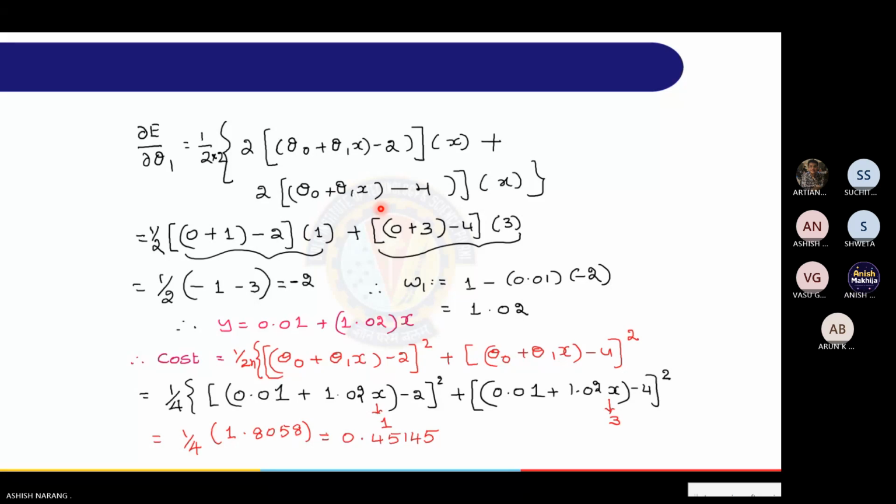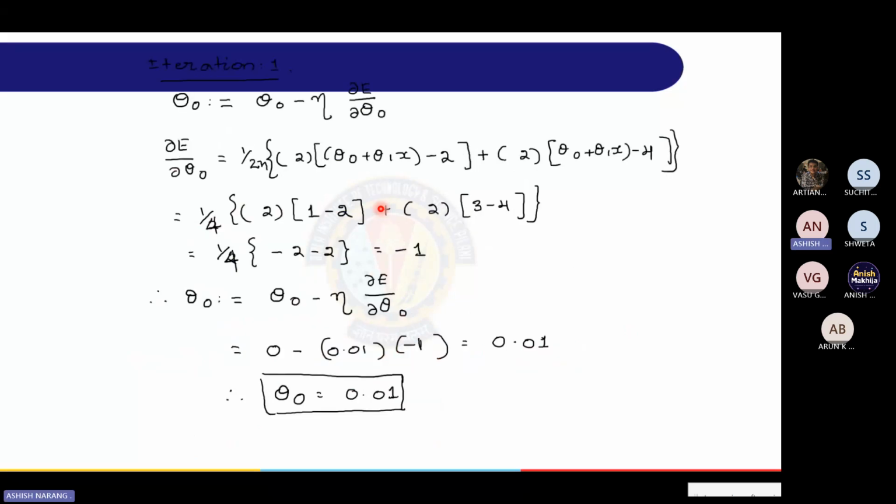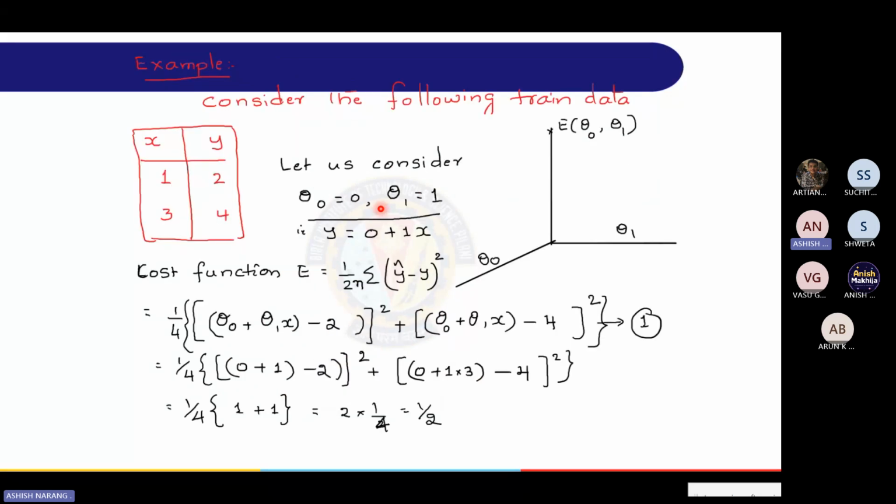Can you do one more thing? Now you will have to solve for the next iteration. You have the weights now: write it down, theta 0 as 0.01 and theta 1 as 1.02. Now use these two equations again and use the same data set 1, 2, 3, 4.